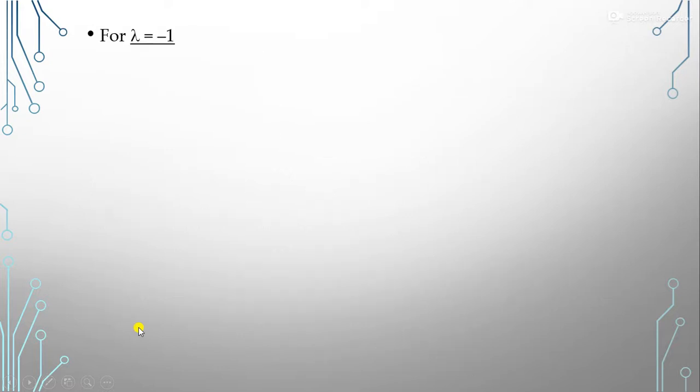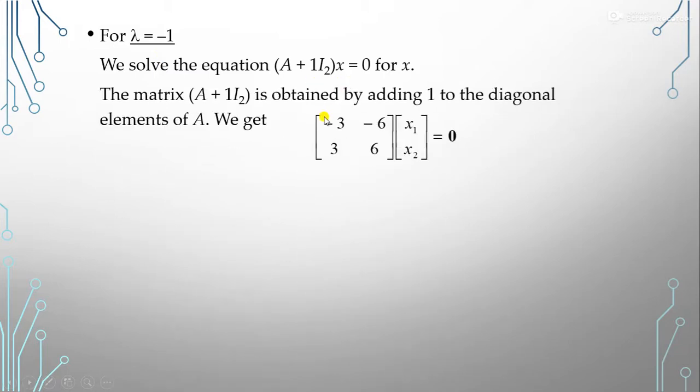Clear? Next, for the next value, lambda equal to minus 1, we find our eigenvector. So now we use (A plus I) x equal to 0, so we add 1 to the diagonal elements of the matrix A, and we will get this type of matrix. And now we solve this.